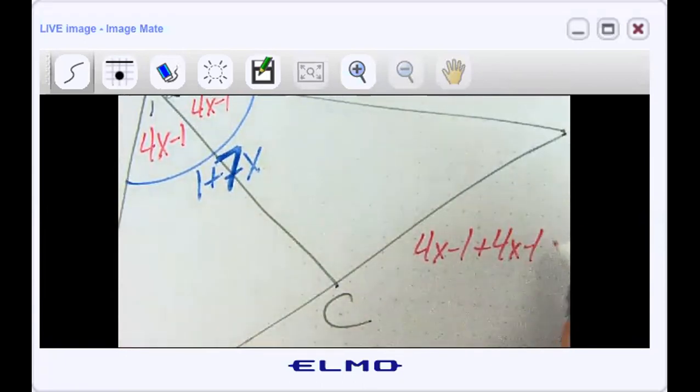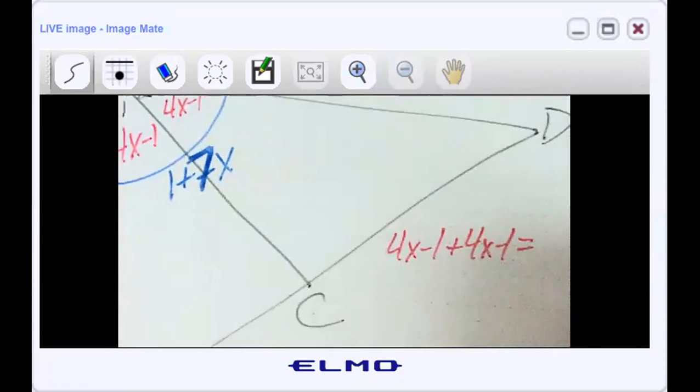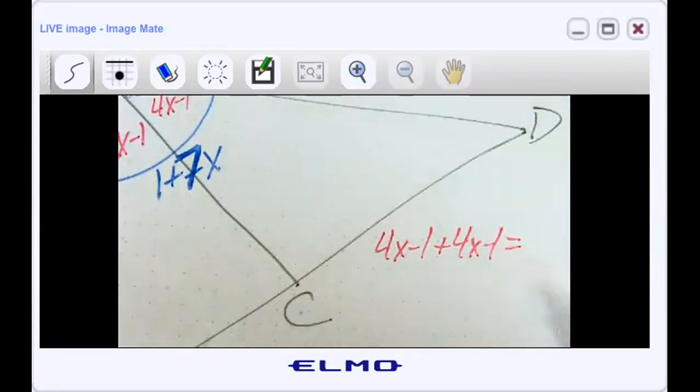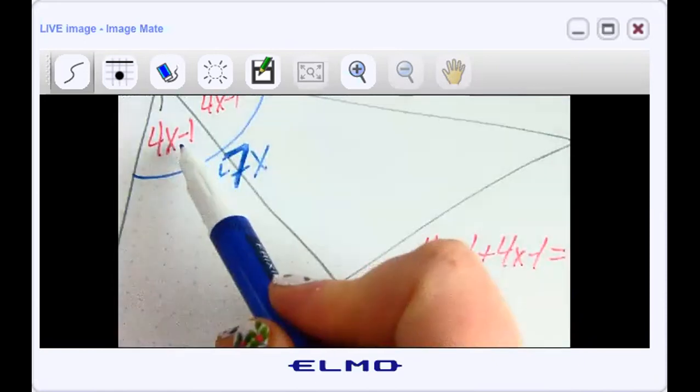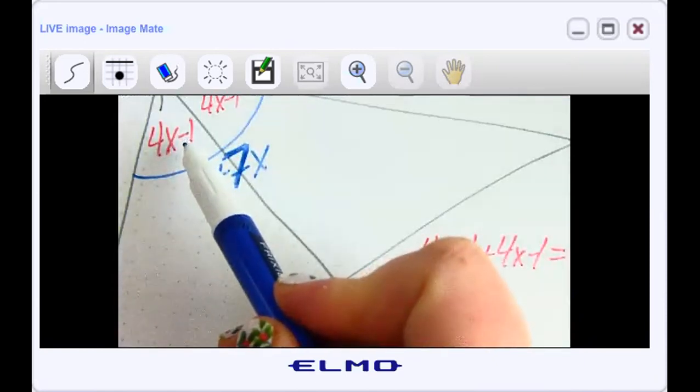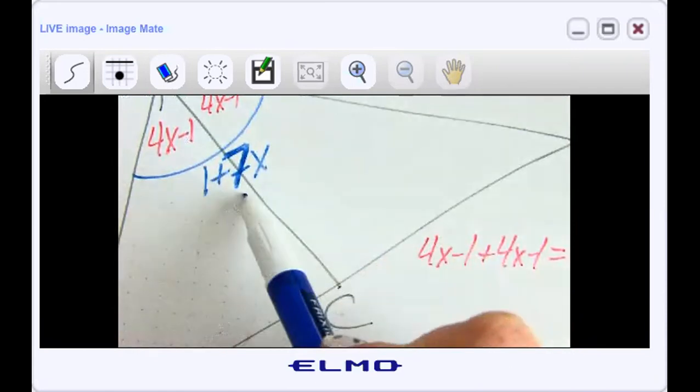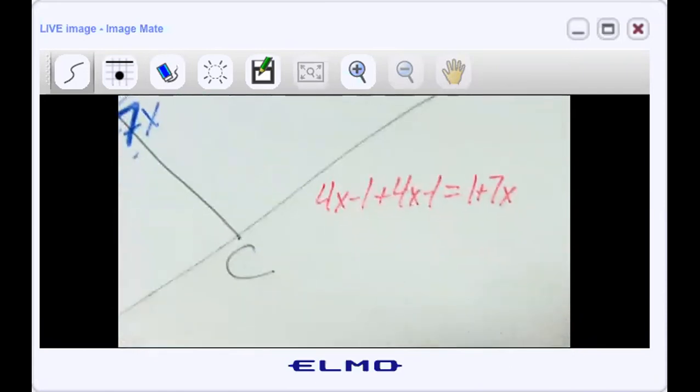Add them together, and that should equal the whole angle, which in this case they're saying is 1 plus 7x. So you should have an equation equivalent to this. It doesn't have to be exactly the same, because remember, you could also just do 2 times this. Take one of the angles and just multiply it by 2 and set it equal to that. So that would be correct too. You're doing the same thing.